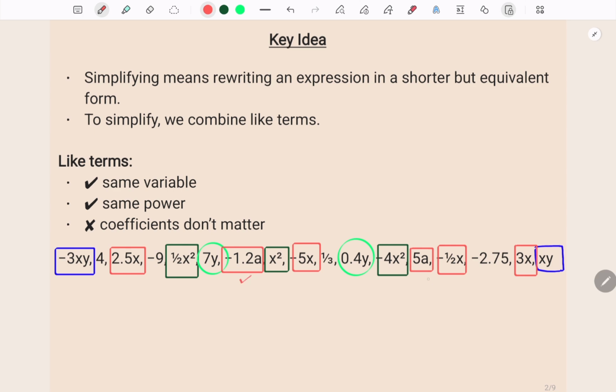These two terms are also like terms. And what about these? See, these are the constants. There are no variables multiplied with them. These are the constant terms, the numbers. So, by this example, we just learned how we can club or how we can identify the like terms.